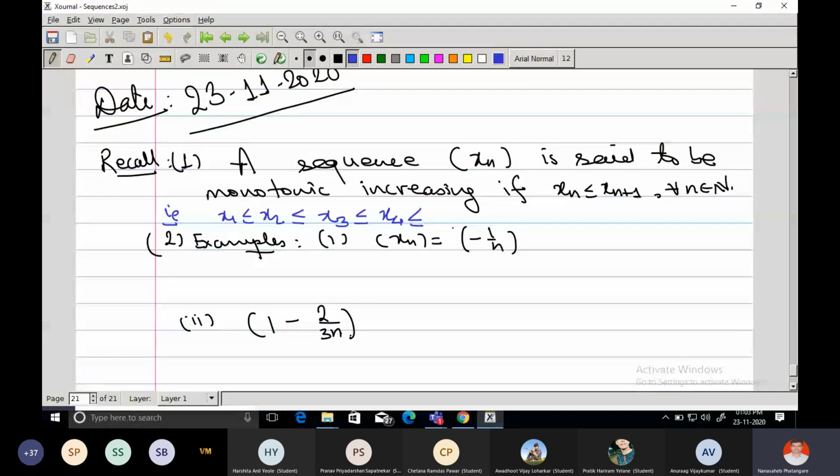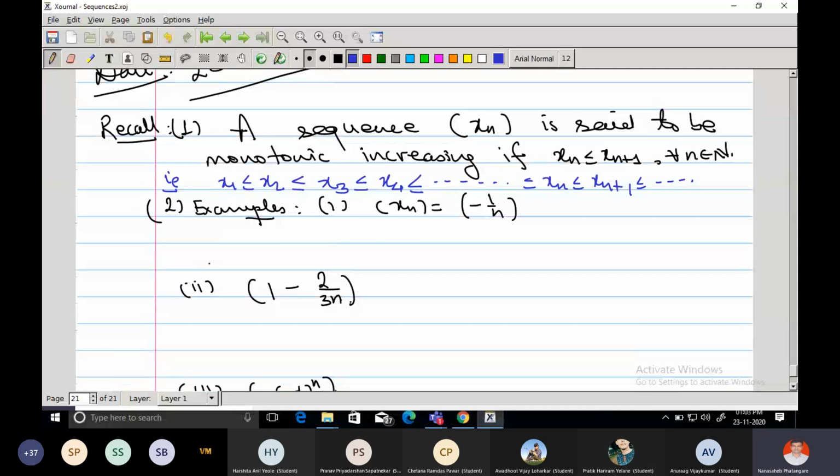So for example, if you look at minus 1 by n, is it monotonically increasing? Yes. What is the first term? What is x1? What is x2? What is x3, and so on?